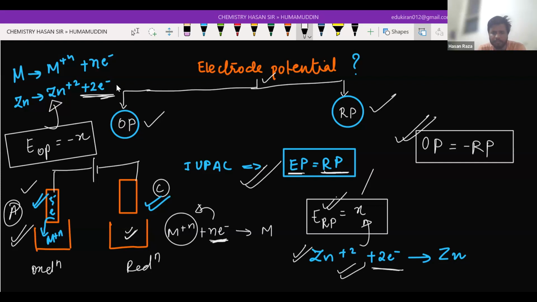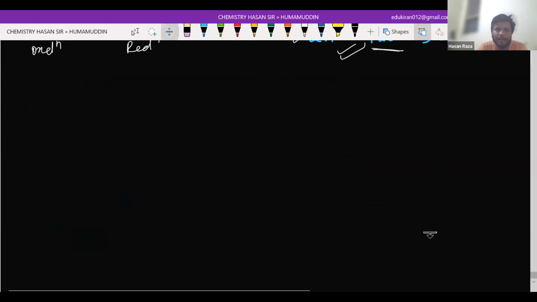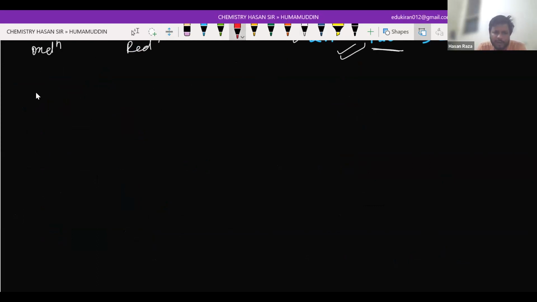Done, sir. Very good. Now see, we are going to derive a formula for this electrode potential. So always remember that. Again, I'm going to write these points, which are very important. Electrode potential will be equal to reduction potential.